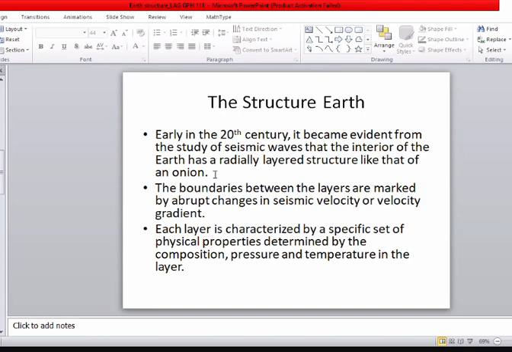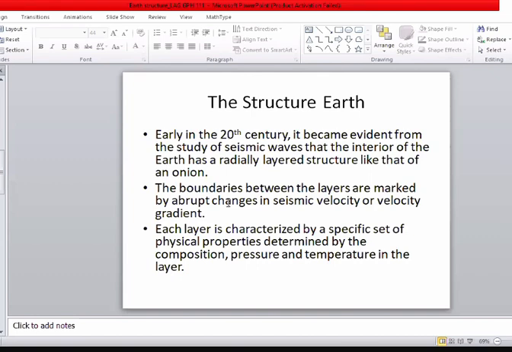But when you take a knife and cut the onion vertically, you will see so many layers of the onion. As radial as those layers of an onion are, that is also what seismic waves reveal as regards the internal structure of the Earth.